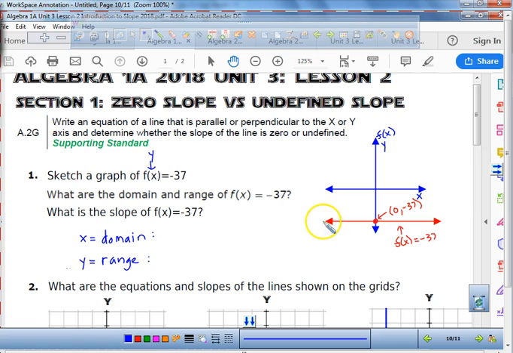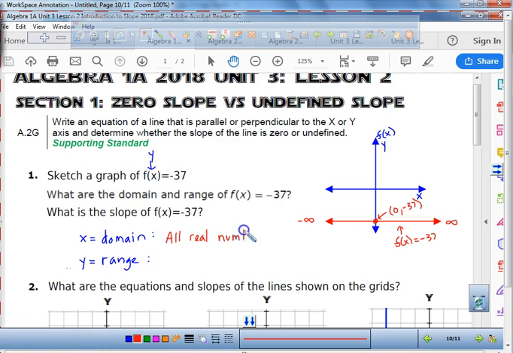Where are my x values heading? They're going way, way to the left to a concept called negative infinity. Where are they going to the right? Positive infinity. Which means, are there any x values that are being excluded? No, they're all being used. So our domain is considered to be all real numbers.